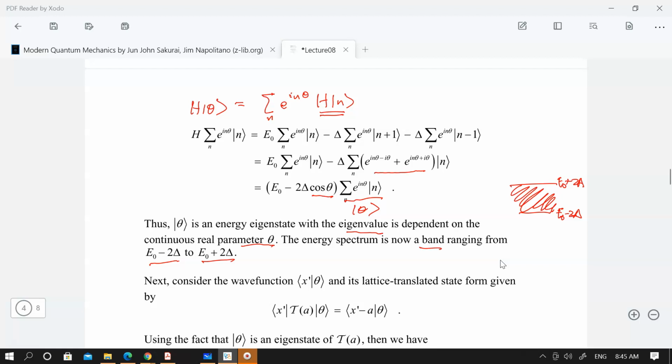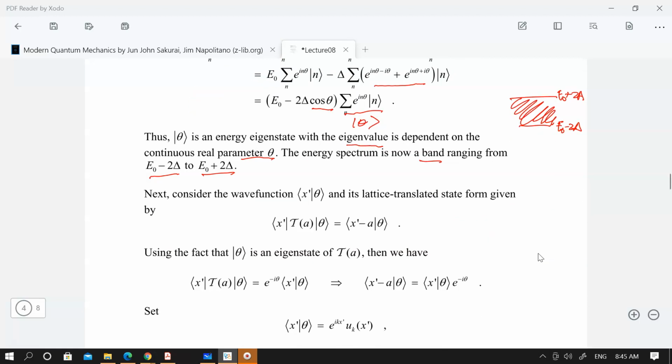Okay, the other general feature that one can actually get from this tight binding approximation is the following. So you consider now your wave function. Your wave function, remember, is just the position representation of your state. So for example, the theta state that we had earlier will give you some kind of function here, okay? And then you consider what happens with the translated case.